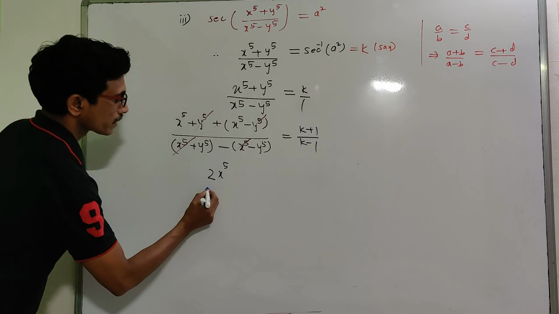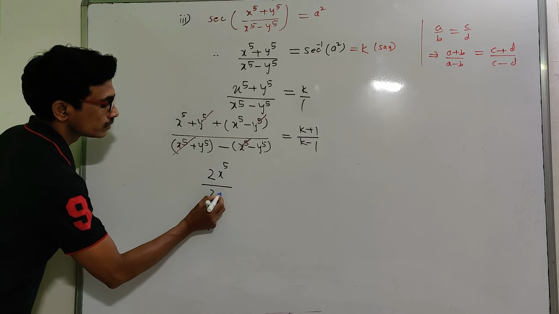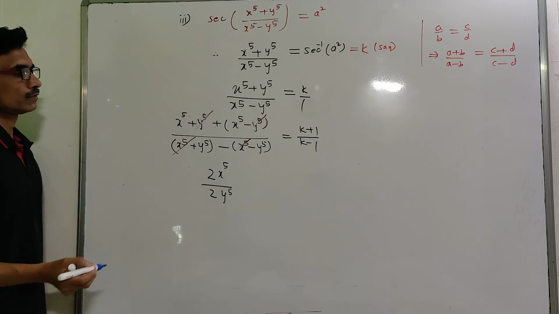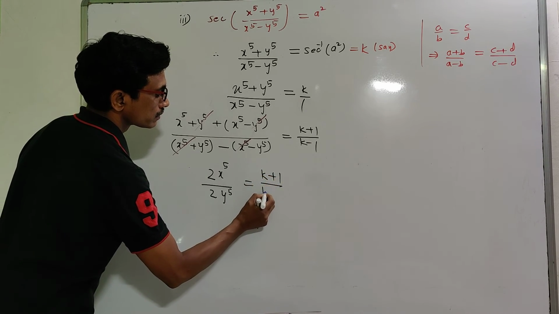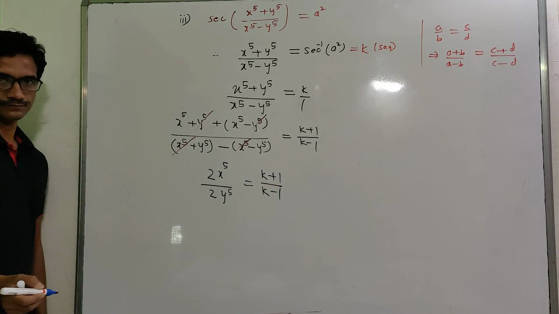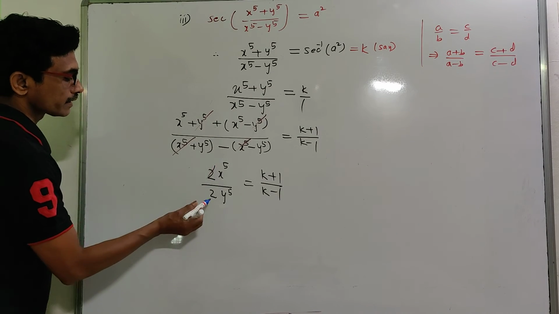Minus of minus, again it will be 2y^5. So the right hand side is (k + 1)/(k - 1). Again this 2 is getting cancelled.